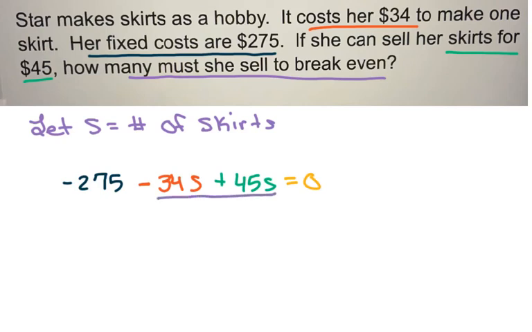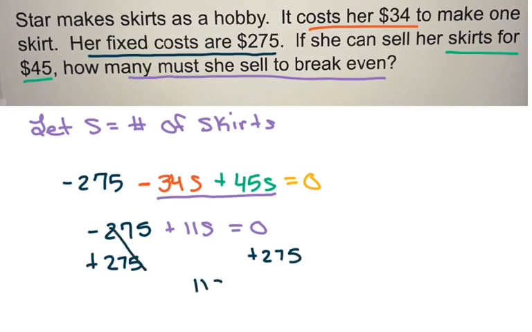Okay, here are my like terms. So I have negative 275. I've got negative 34S plus 45S. So we have to add those together. And we're going to get 11S, so it's positive, and we want it to be 0. Okay, so now I can solve this problem. So I'm going to add 275 to both sides.